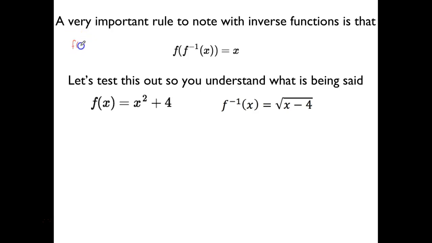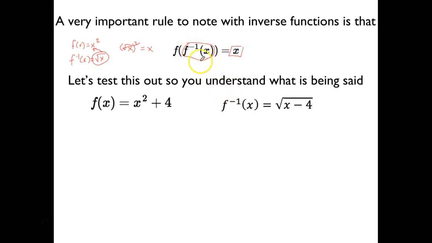I said that f of x was equal to x squared, and that the inverse of x was equal to square root of x, right? Well, if you throw the inverse inside of the original, I would have square root of x squared. They would cancel each other out, leaving you with x.